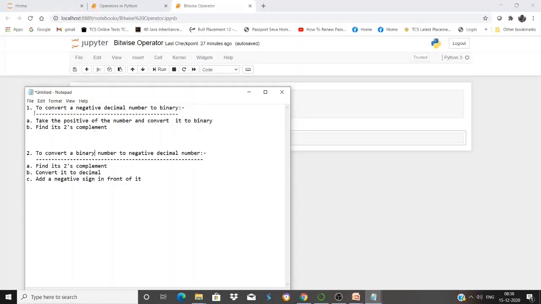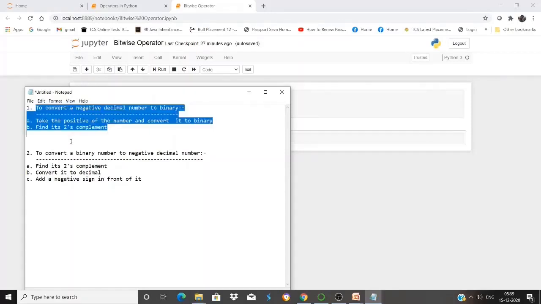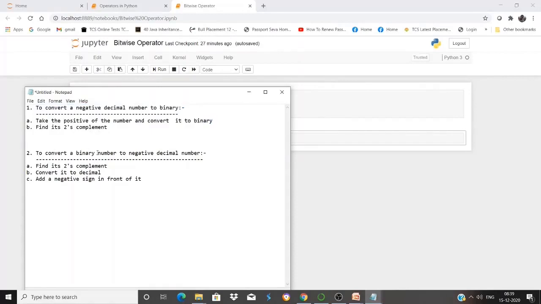Suppose the number is minus 13, then you first find the binary representation of 13 and then find the two's complement of that binary representation, and that will give you the binary representation of minus 13. The second concept is that to convert a binary number to a negative decimal number, we first find the two's complement of the binary number, then convert it to decimal and then add a negative sign in front of that converted decimal number.